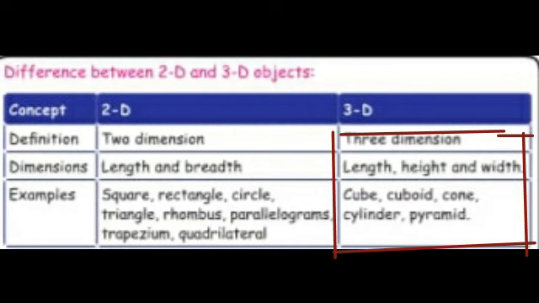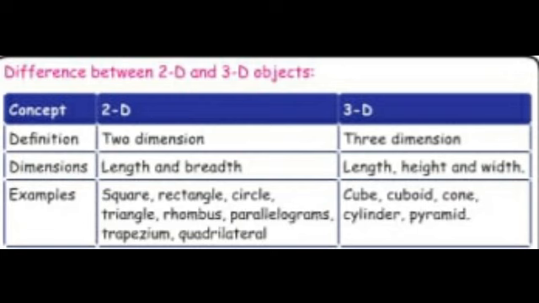An object having these 3 things is called a 3D object. What examples can we say for 3-dimensional figures? Cube, cuboid, cone, cylinder, pyramid.